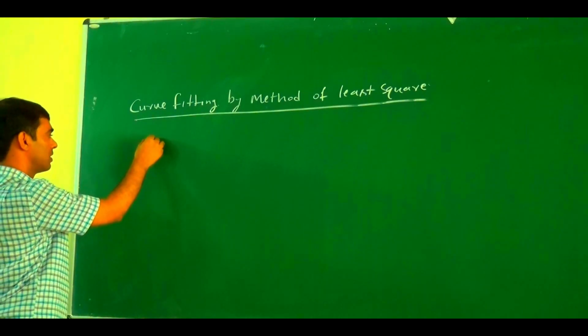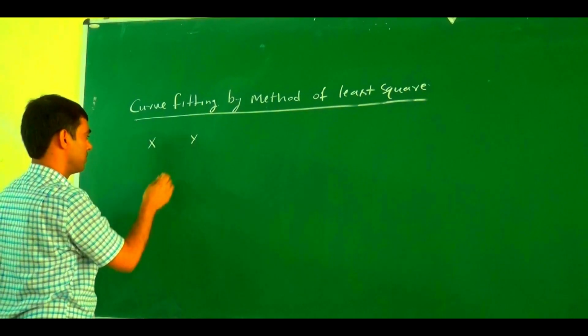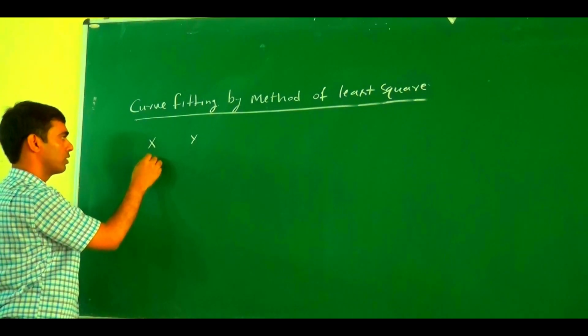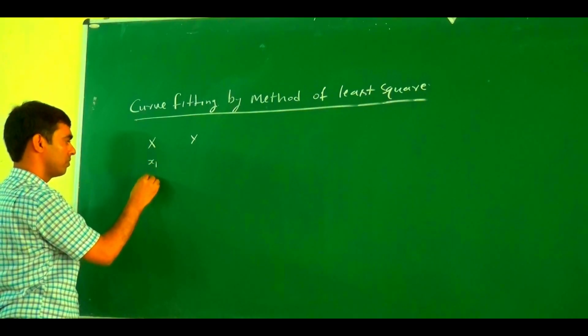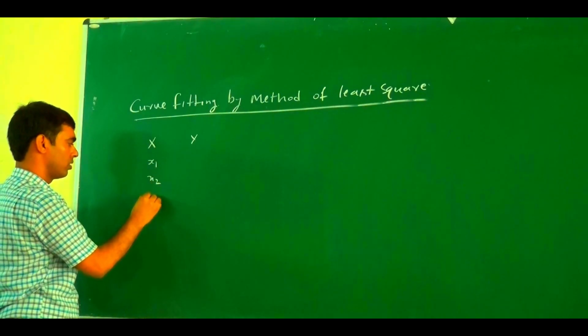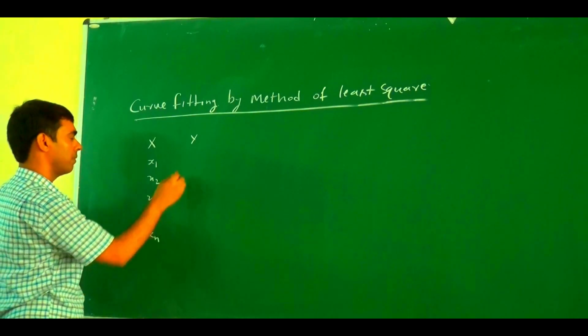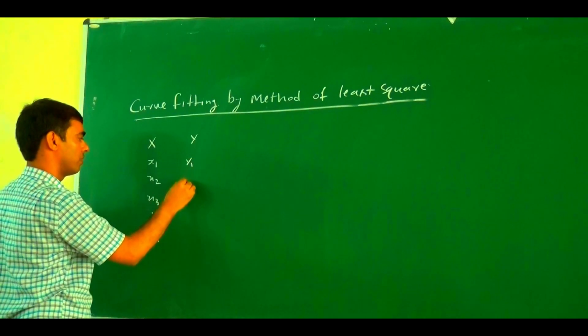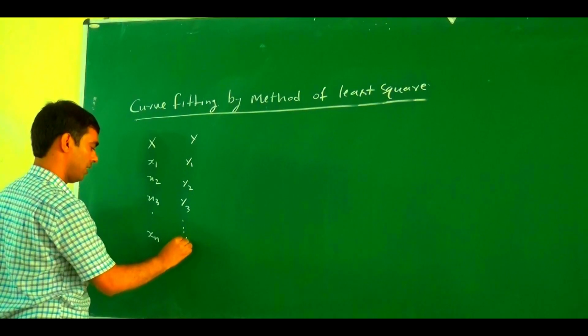Suppose x and y are given, and there are n data: corresponding to x there are n data of y. x1, x2, x3, and similarly xn, and y1, y2, y3, and yn.